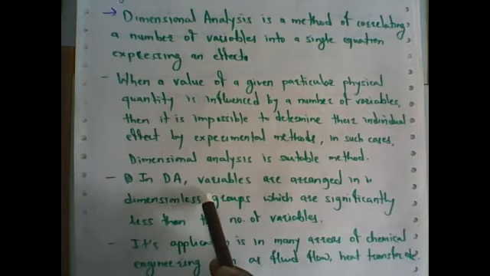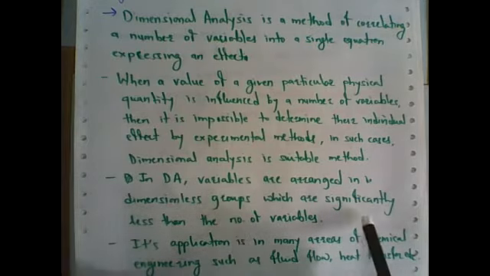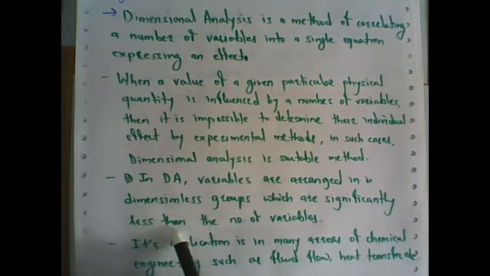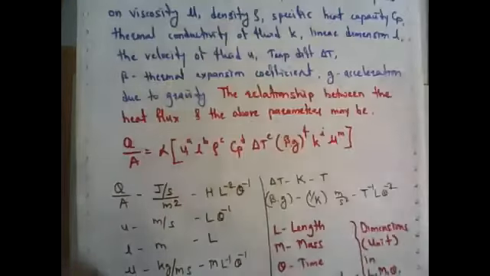In dimensional analysis, variables are arranged in dimensionless groups which are significantly fewer than the number of variables. Its application is in many areas of chemical engineering, such as fluid flow operations, heat transfer, mass transfer, transport phenomena, etc. There are lots of applications of dimensional analysis in the chemical engineering sector.